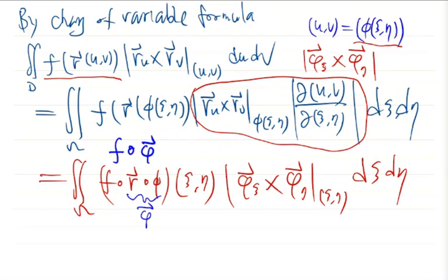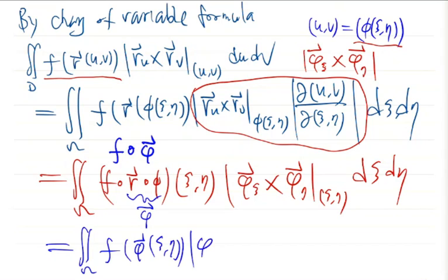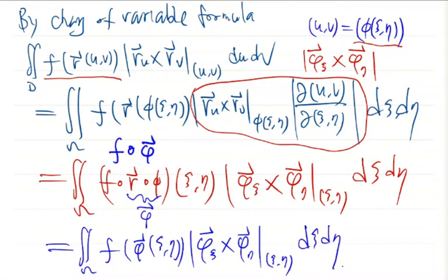So this becomes the integral over omega of f of phi(ξ,η), then the norm of phi_ξ cross phi_η at the point (ξ,η). So this is a two variable function of (ξ,η), then dξ dη. So this proves our result. The double integral using the parametrization R is equal to the integral using the new parametrization phi. Okay.